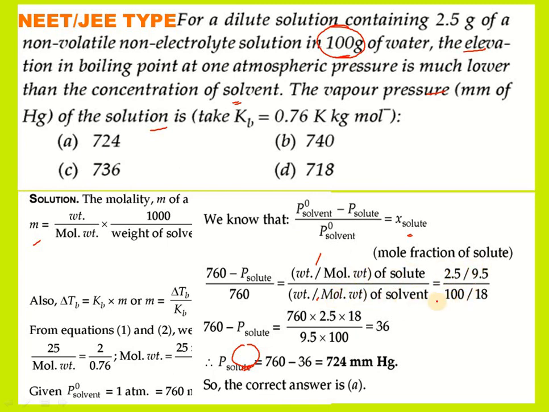The solvent mass given is 100 grams, so 100 by 18 is the number of moles of solvent. Upon simplification, we got the vapor pressure as 724 millimeter Hg. So option A is the right answer for the question.